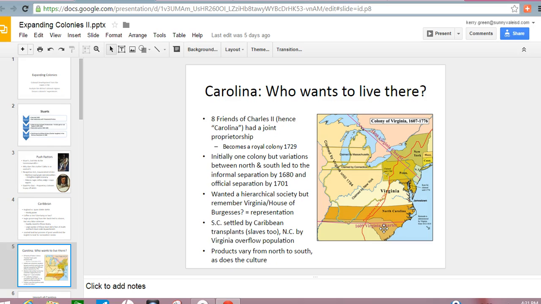And so South Carolina will attract these Caribbean transplants and their slave systems, and North Carolina will be affected by the overflow of the Virginia population, and by people who are attracted to this concept of the small individual farmer. So you will have some plantations in North Carolina. It's not that you don't have any.